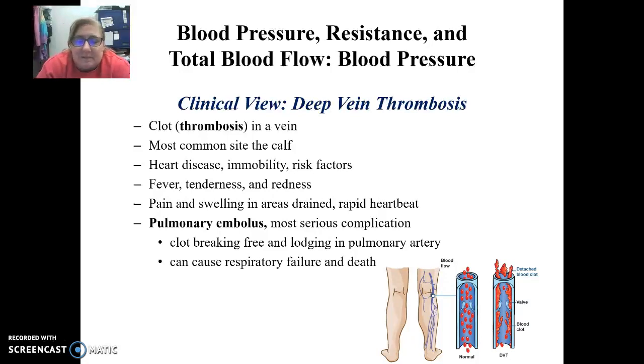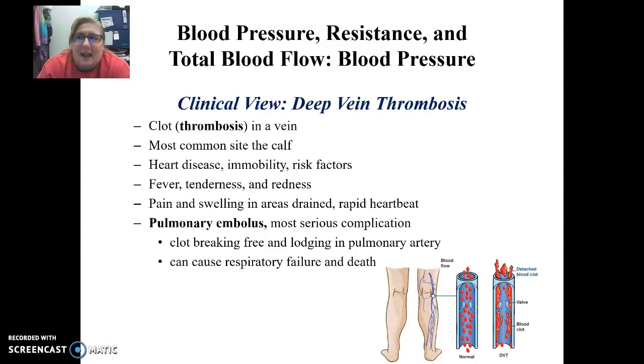So thrombosis is when you get a blood clot in a vein. This can lead to an embolus if the blood clot moves, if it detaches. Typically, thromboses occur in veins when you are not using your legs a lot.